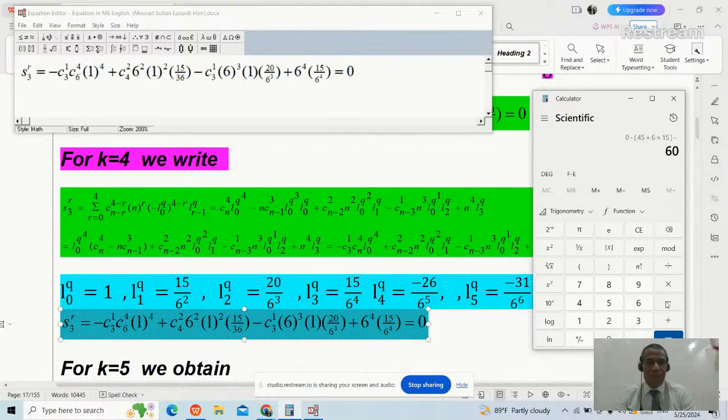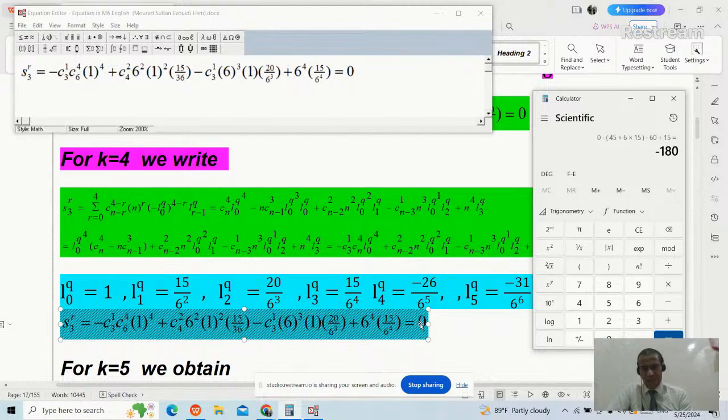Then plus, learners, 6 raised to the power 4 divided by 6 raised to the power 4 is 1 times 15. I will just make it plus 15. This should be equal to negative 180.